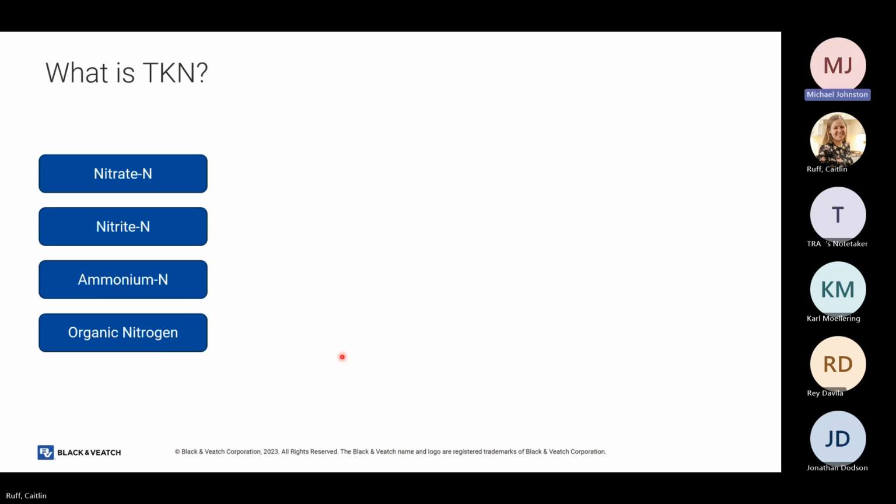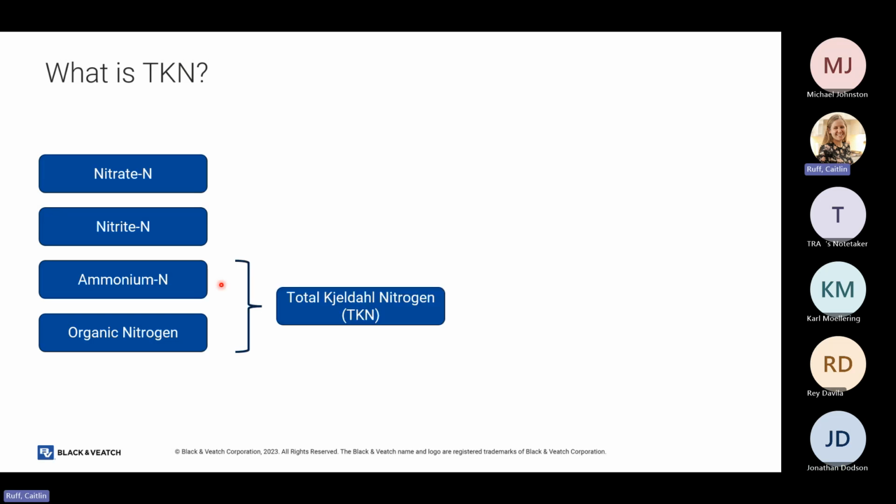Is it a sum of all of them? No, not the sum of all of them. The organic nitrogen. Organic nitrogen is one of them. And there's one more. Ammonia nitrogen. Yes. So ammonium and organic nitrogen will comprise our TKN.